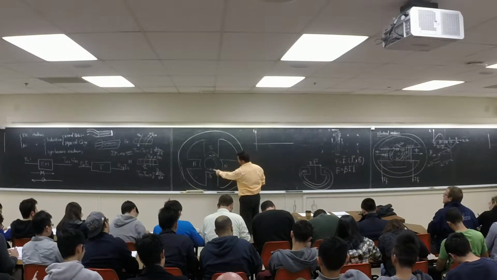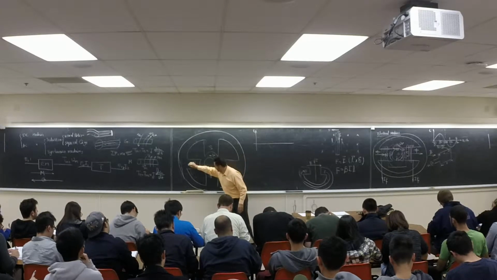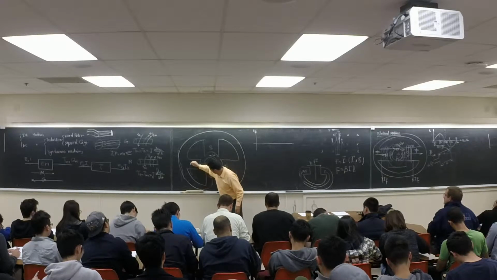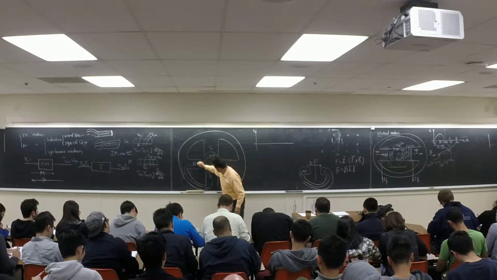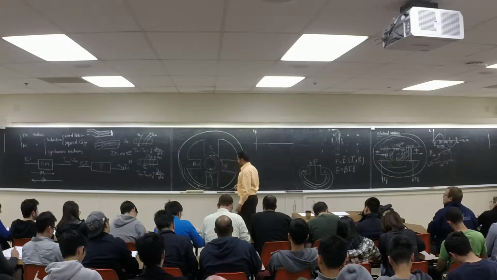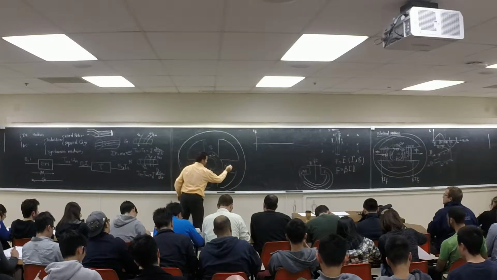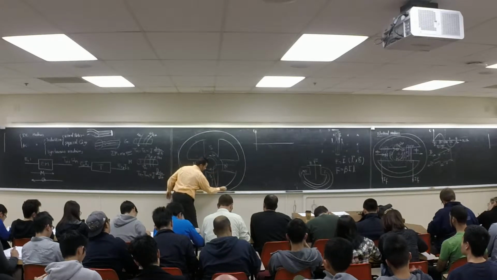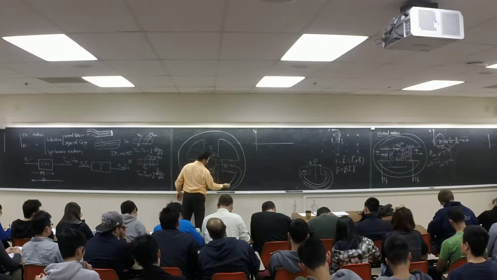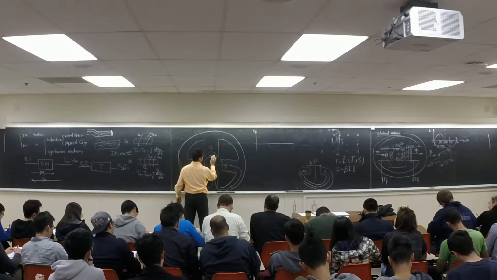Here, if you look at the flux, it's going to be like this. Phi is going to come from here, from N to S. It's going to go from N through the rotor.